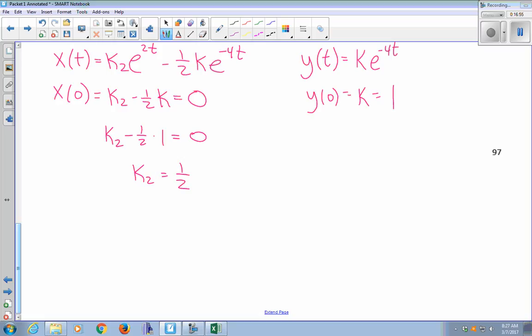And then your solution to a system has to be two functions where you replace the k and the k2 with these numbers. Okay, so let's write x of t first.